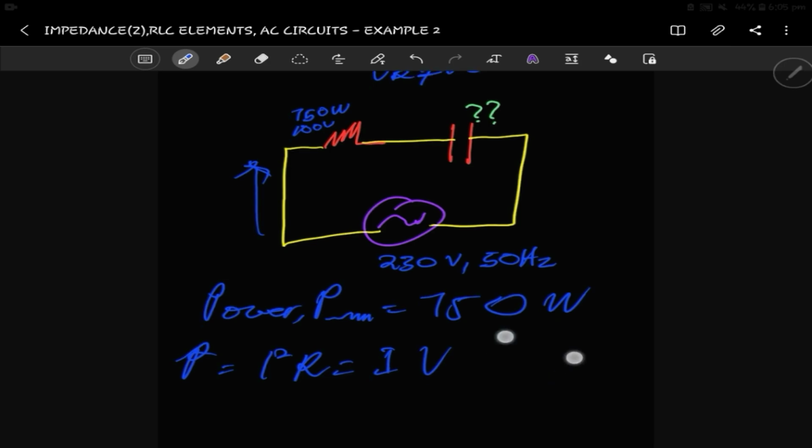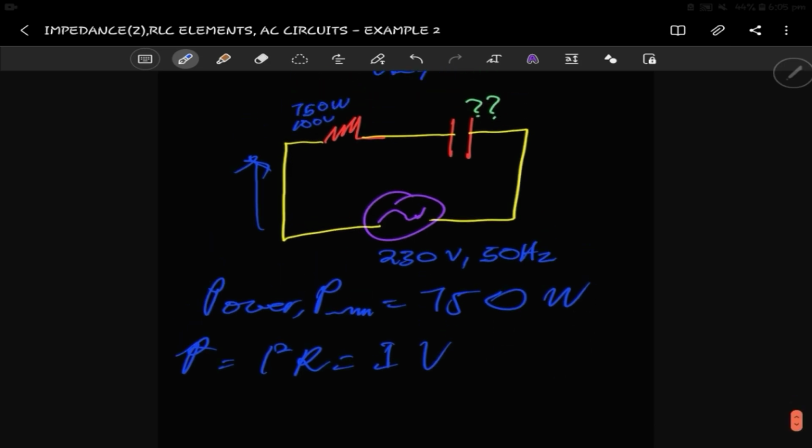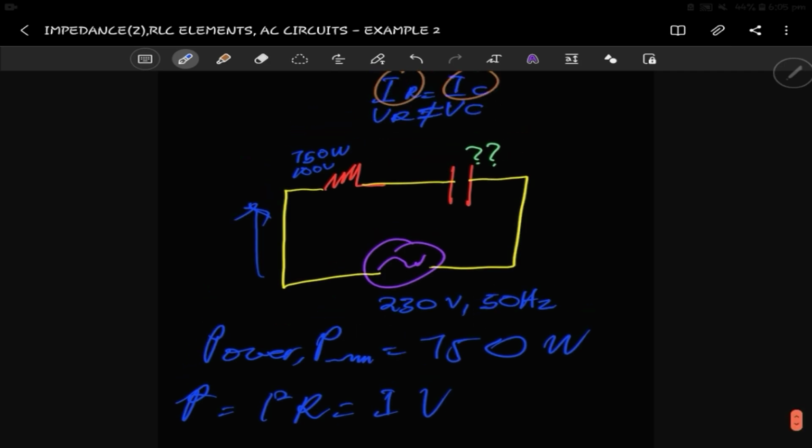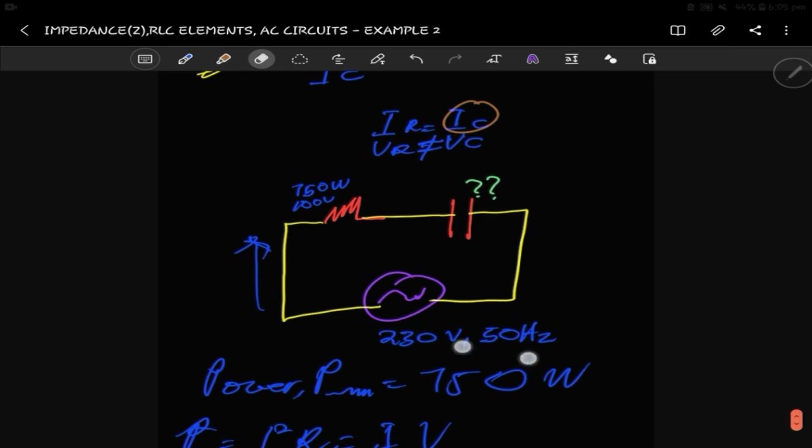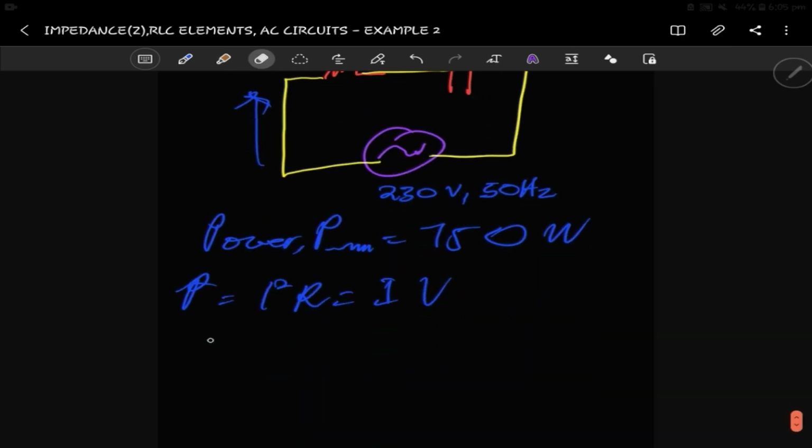We want the current, the IR here that we are looking for. So to do that, we will have to divide this power by the voltage, and this will give us our I here. This is our I.